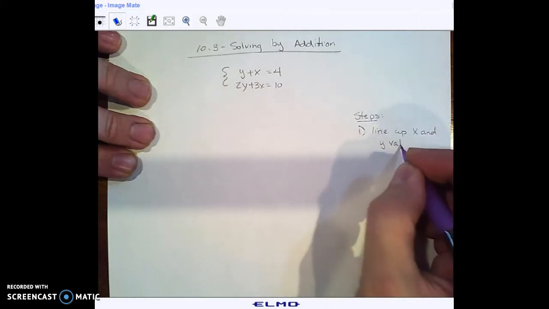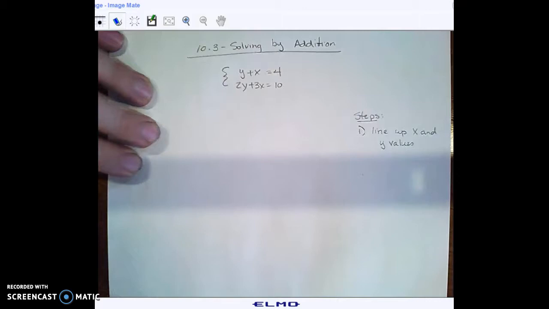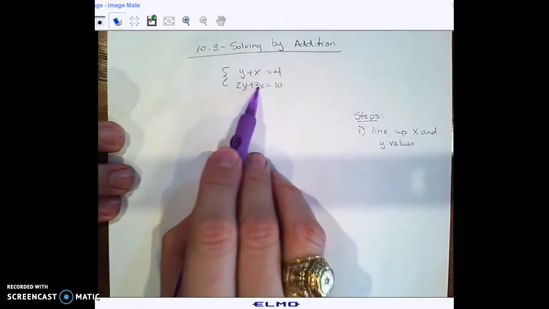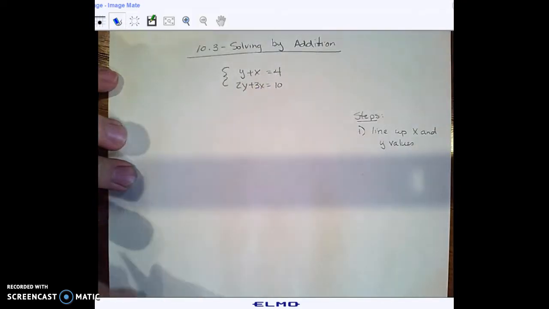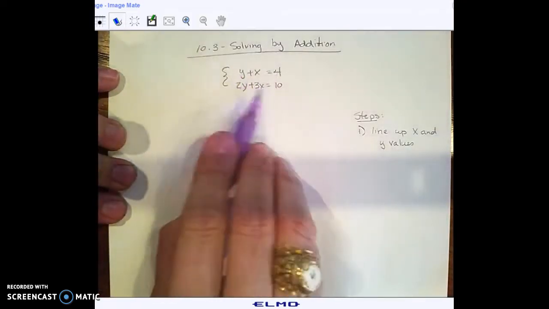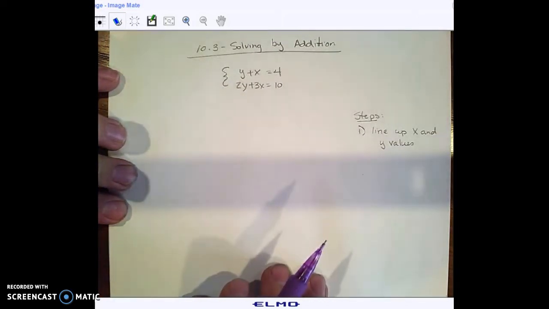What that means is that I want my y's on top of each other, my x's on top of each other, and my constants on top of each other. So everything has to be in the same location. Does it have to be in this standard form? Not necessarily, but it usually makes it nicer if it is.